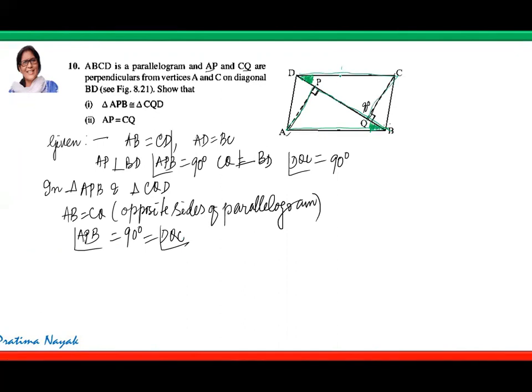So once I wrote these two sides equal, this is 90 degrees and this angle is 90 degrees, and I am writing alternate angles equal. So I'll get side angle angle. So what else now? I'll write the alternate angles. So angle CDQ is equal to angle PBA, pair of alternate angles.